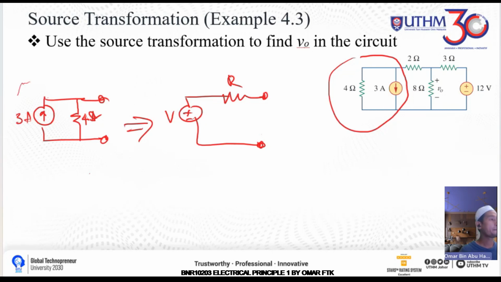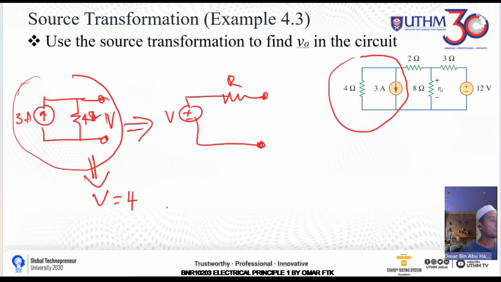If we look at this one, the value of the voltage V here equals 4 times 3 amp, V equals IR, so 12 volt.